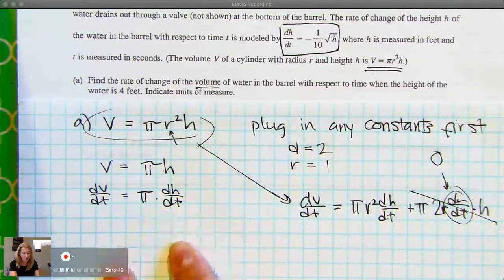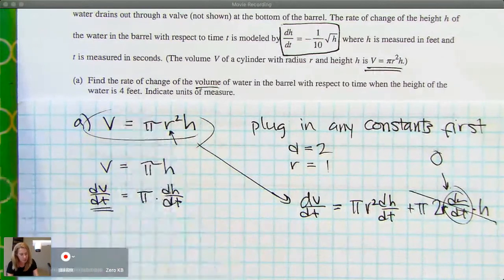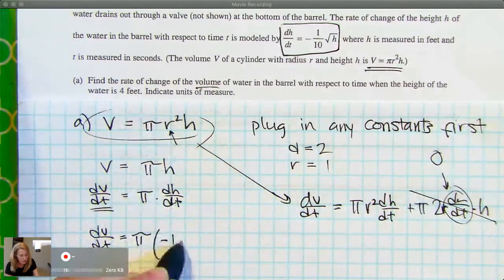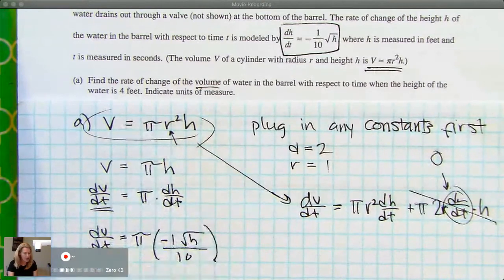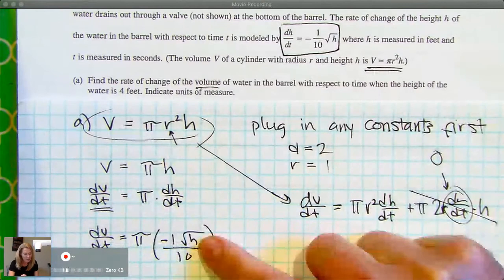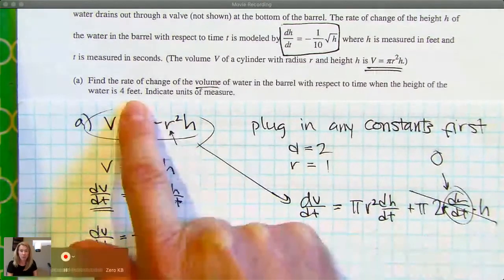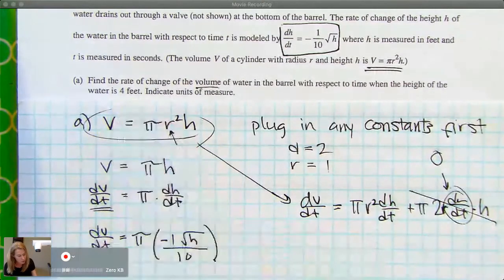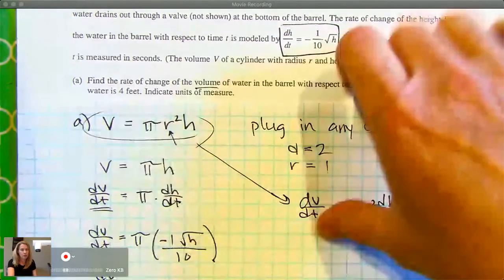So now we're here, and we're trying to find the rate of change of volume, which is dV/dt. So I have pi times dh/dt, which was given to us. And I know that h at this moment, they told me when the height of the water is 4, so I'm going to plug in 4 for h. Sorry, I know you can't see that anymore.